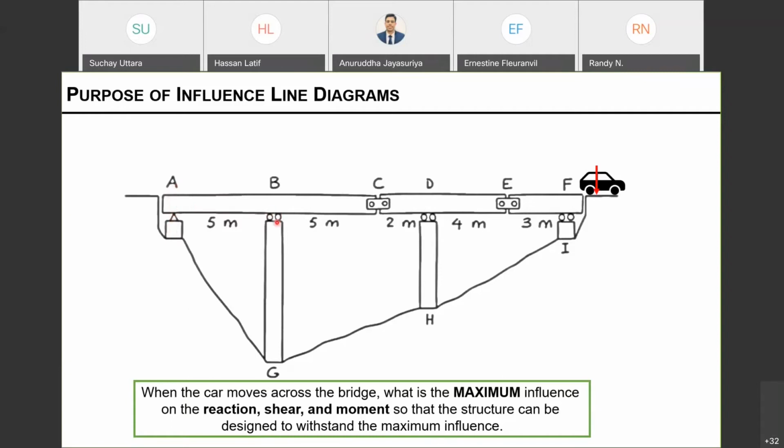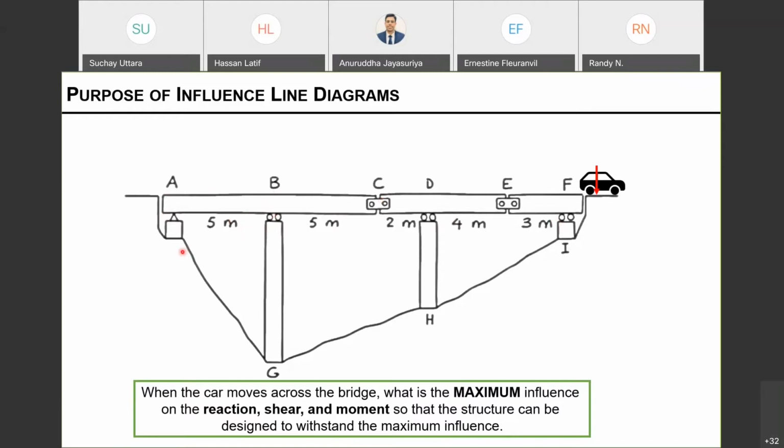But if you measure the reactions of the other supports, they do not have any reactions because the car is right on top of A. But if you push a little bit further, then B starts to feel some reaction, right? And also there will be some moments, there will be shear, and a lot of things are happening.